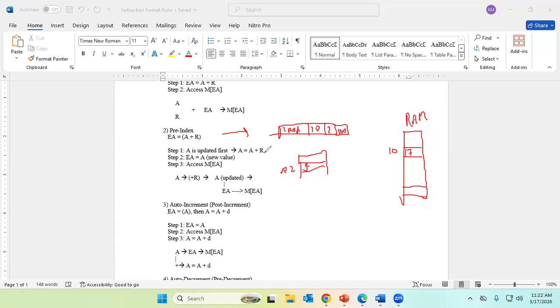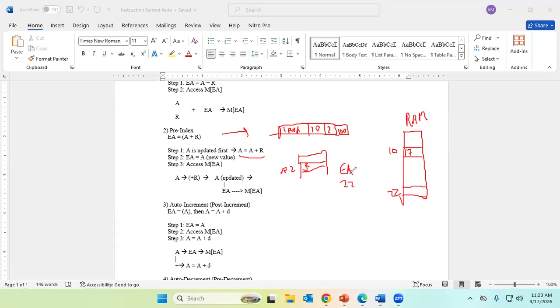Plus what's in R? R2, there is 5. So those two give me the effective address. Now EA is what? 22. So the number that I was looking for here, guys, is 22.